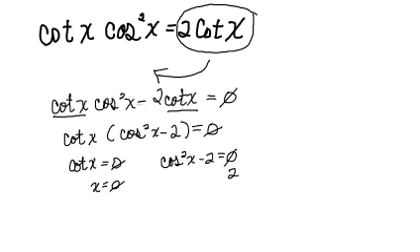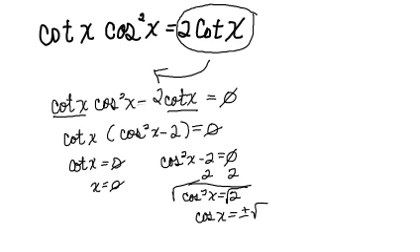So we're going to add 2 to both sides. So we have the cosine squared equals 2. We square root both sides. And so we have cosine x equals plus or minus the square root of 2.